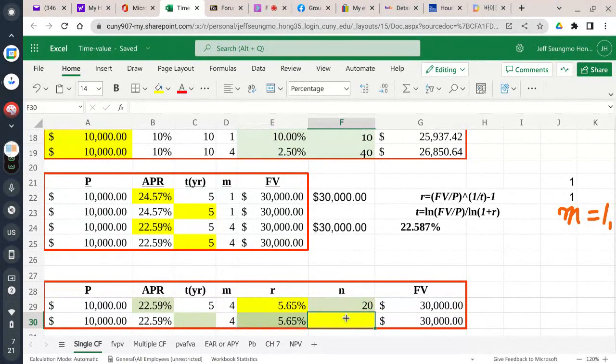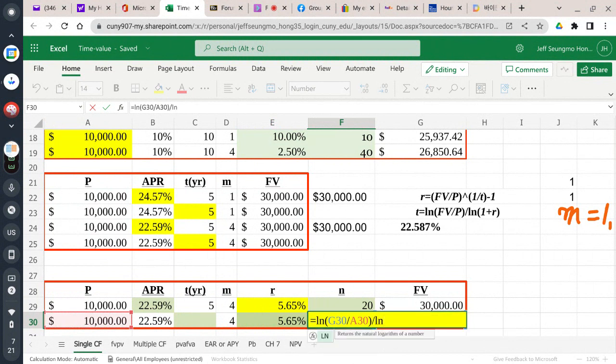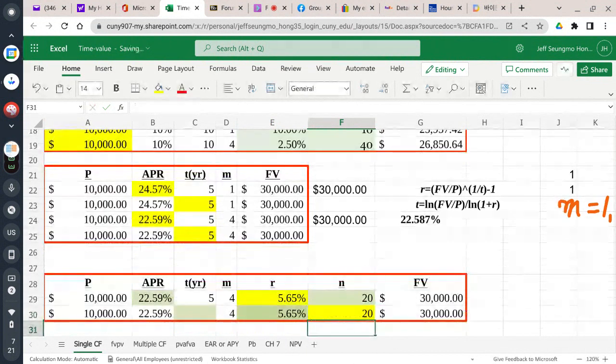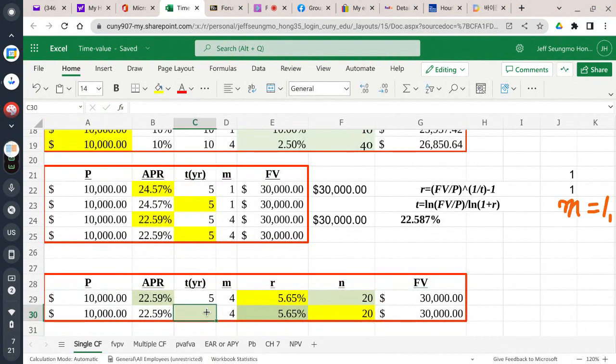There you go. And we're gonna get 20 there. That's natural log of 30K over 10K, divided by natural log of 1 plus r. Okay, 20. And if the problem was asking for time in years, then whoever is asking the question, you oblige by answering it in years.